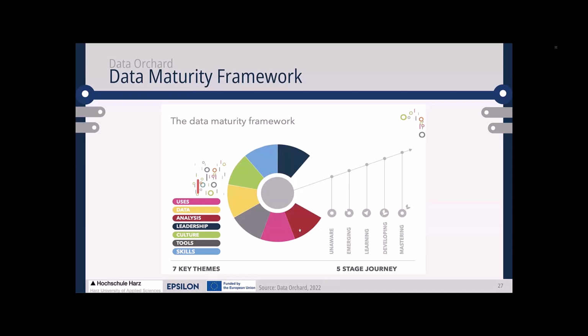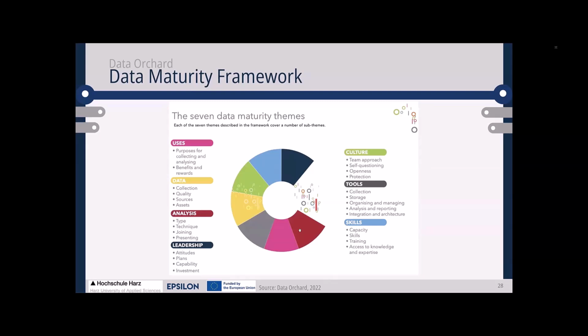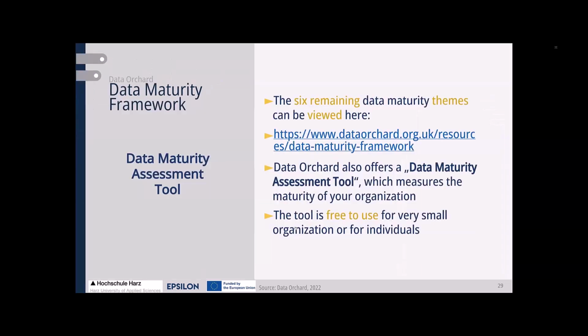And the maturity framework helps you to categorize the existing data framework into those 5 maturity steps and those 7 themes. So here you will find a summary of what I already said, and you will find the maturity framework at this link.